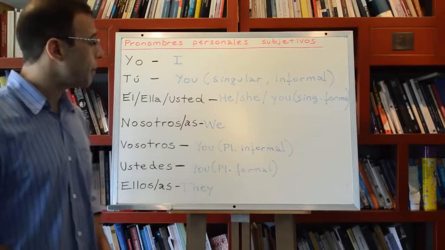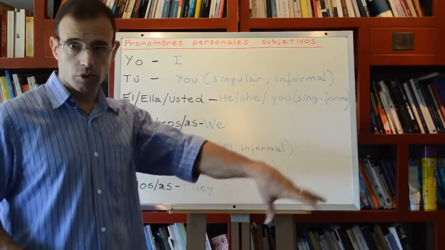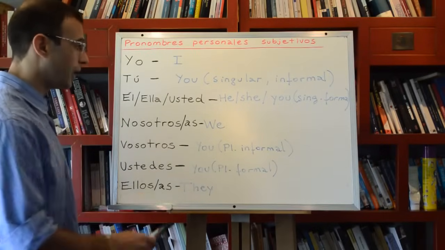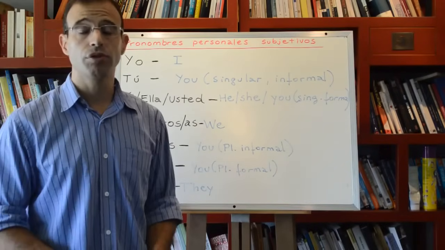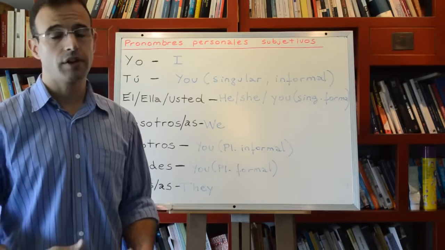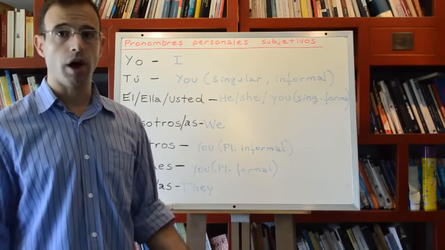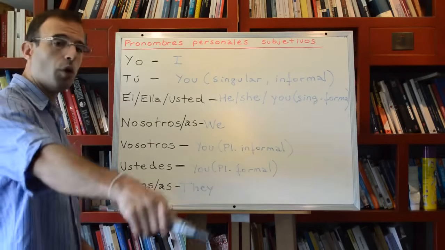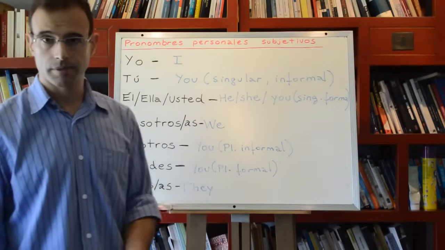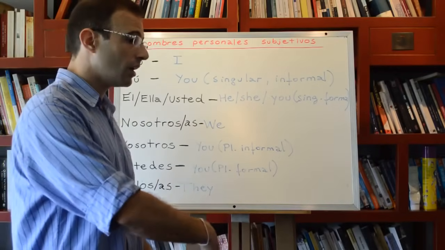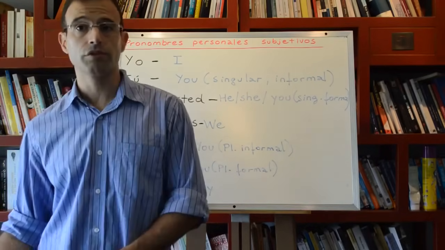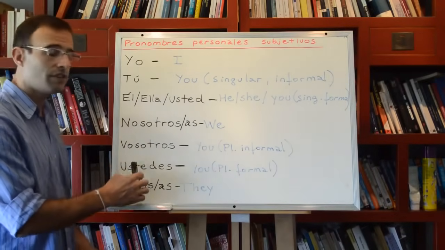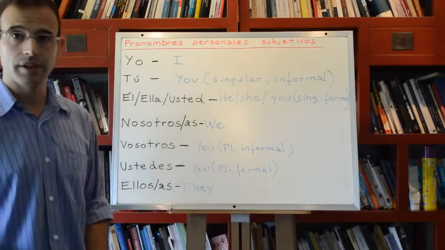Okay, for plural you, so for you all, we have vosotros, okay? Vosotros is informal, right? Is the one we would use more often. And ustedes is you all, but formal, when addressing a group, a board of directors, for example. However, vosotros, this distinction is only in Spain.